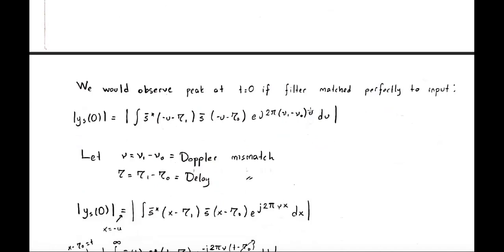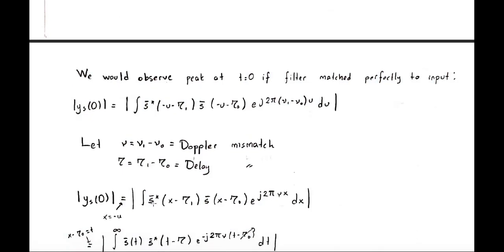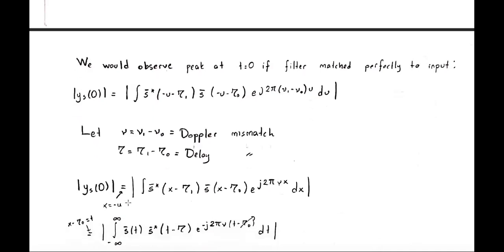And here we're going to get actually minus x. Okay, I believe there is a sign error here. This should be e to the minus j 2 pi v x, and we're going to have a dx again. There is going to be also a minus here, but because we're looking at the magnitude of the integral, the magnitude at origin, that's not important.